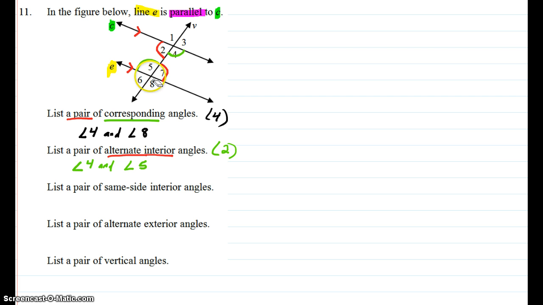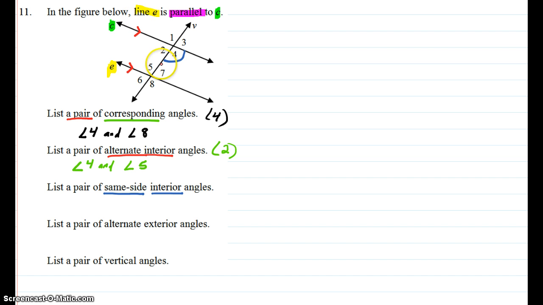Let's look at the same side interior. So we'll get rid of this. So we have that word interior again, so it means our answer is going to be somewhere between these two lines. And now they're going to be on the same side of the transversal. So angle 4 and angle 7 are the same side interior. Now I don't actually want to make that mark the same color because I don't want you to think that they're equal.